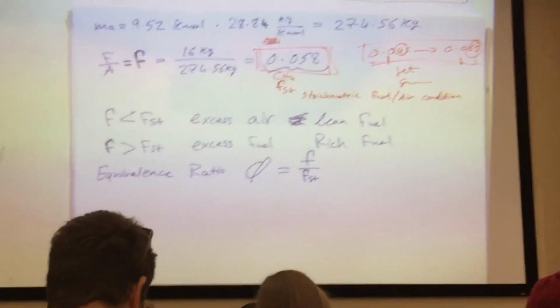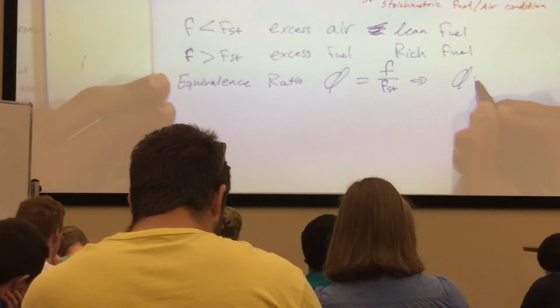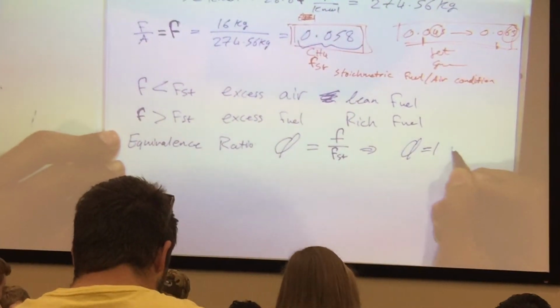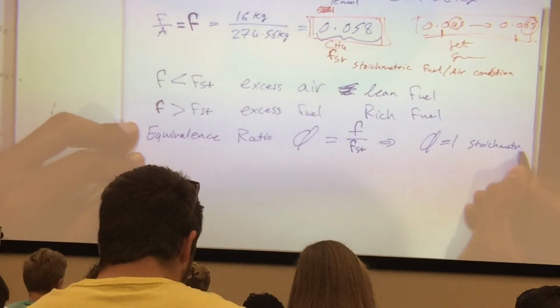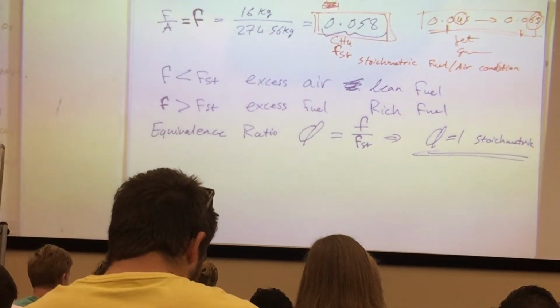And if I am at stoichiometric condition, what is phi equal to? 1. So that's stoichiometric. So this is very critical. If you want to work in the propulsion field, you need to know that information.